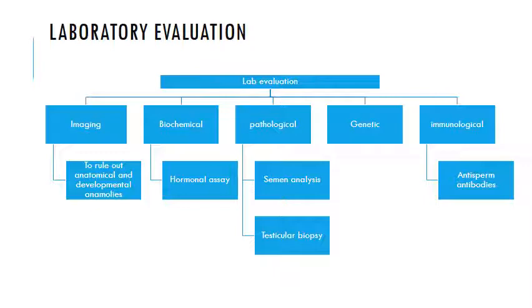Semen analysis is one of the important investigations in investigating male infertility, and also testicular biopsy to see whether there are normal stages of germinal cell development. Then genetic evaluation to rule out any congenital syndromes, then immunological evaluation to rule out anti-sperm antibodies.